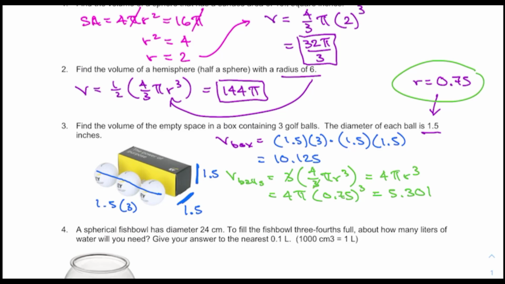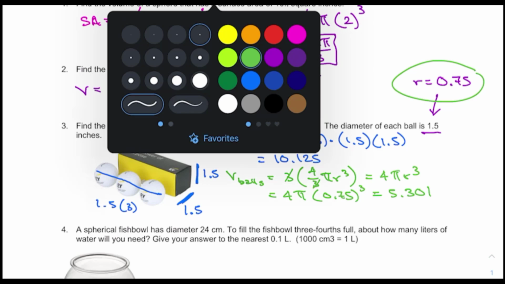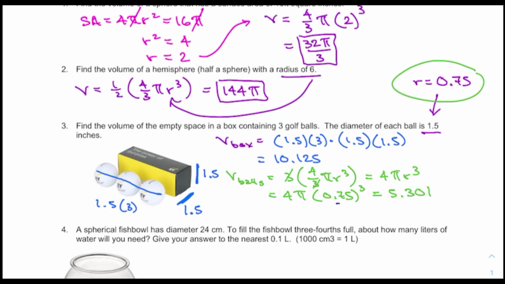Now we're not getting an exact answer here because when I take 0.75 and cube it, I'm going to end up with something kind of yucky. And then when I subtract it, I'll end up with something even yuckier, so I'm not going to do that. I'm just going to go ahead and get an approximated answer here for this one.